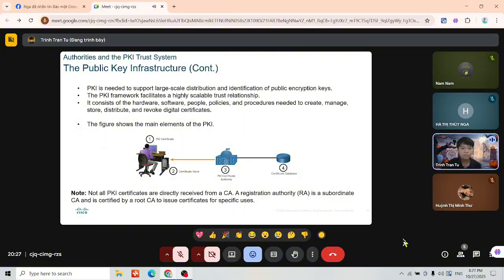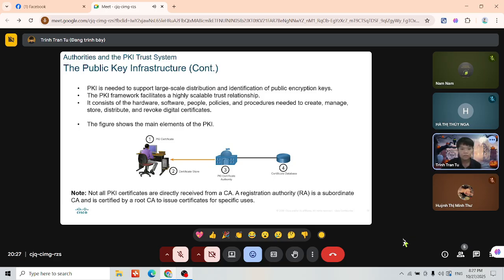In a larger system, RAs assist the root CA in issuing certificates for a small group or organization. Not all PKI certificates are received directly from the CA. A Registration Authority is a subordinate CA certified by a root CA.